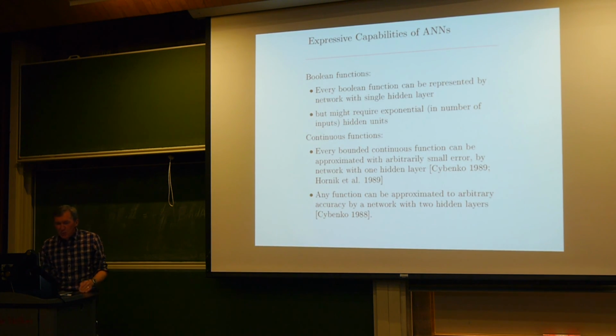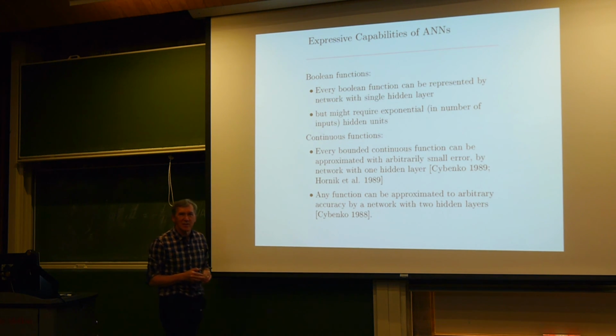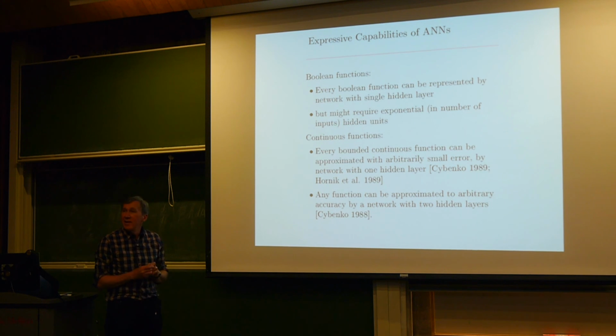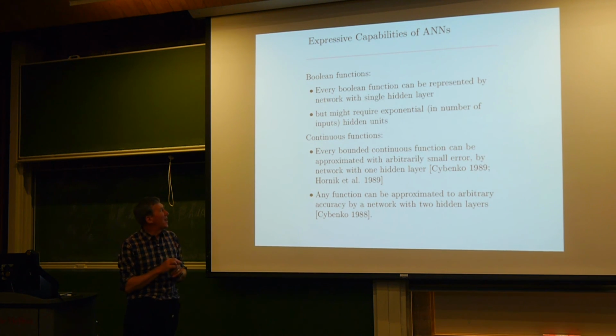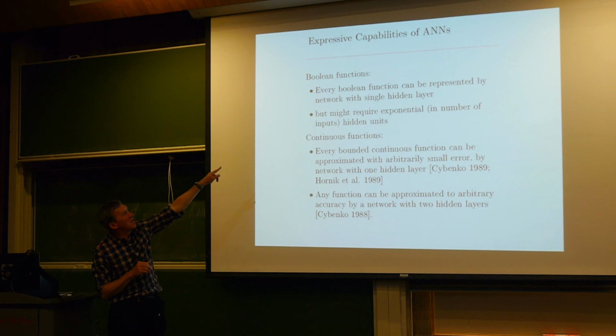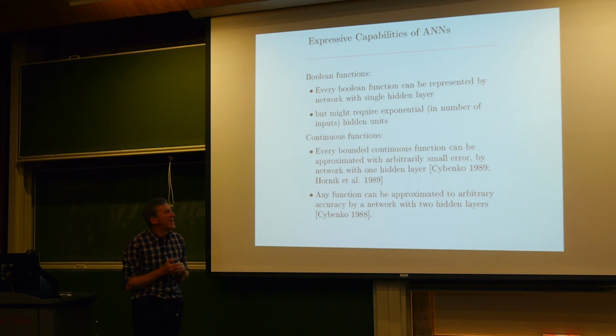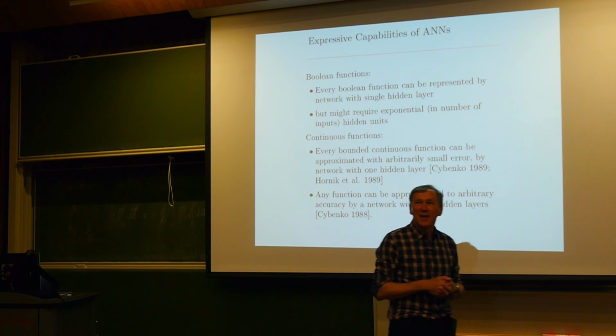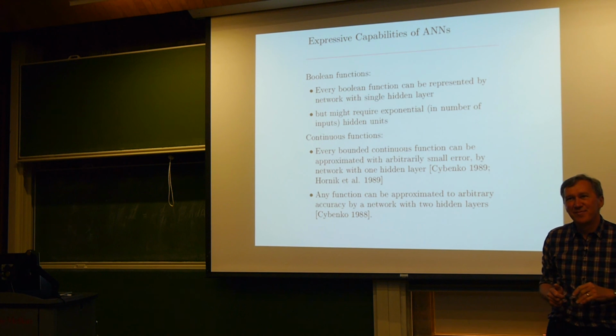Okay, so what can we say about artificial neural networks? Well, here's some things that are true. If you're an engineer, you probably know that you can represent every Boolean function with a 2-layer deep circuit of NAND and NOR gates.